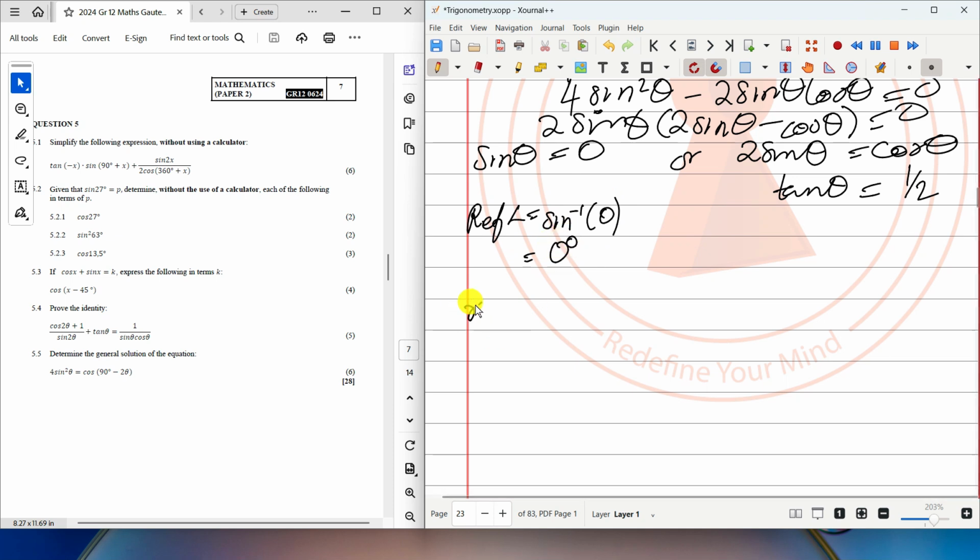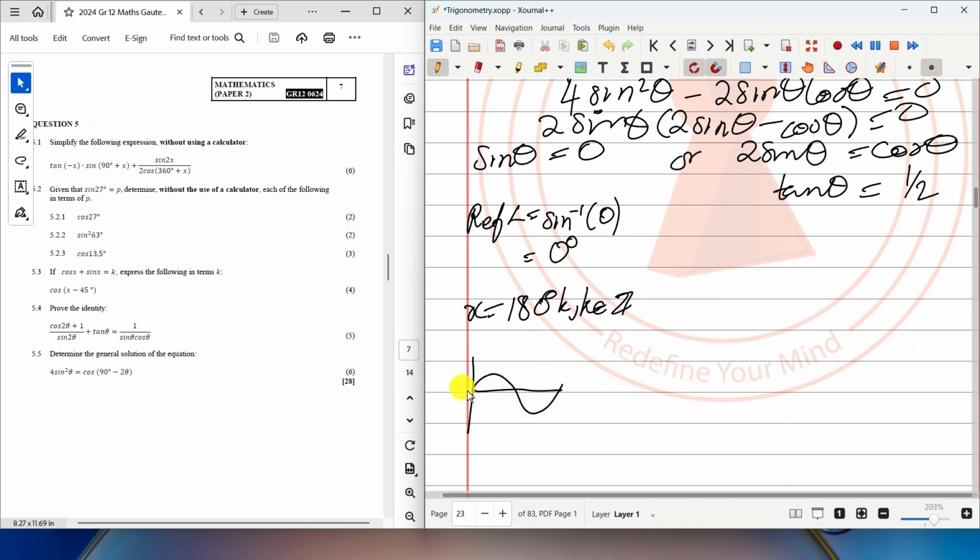So therefore we can say x is 180 degrees k, where k is an element of an integer. I will explain why I'm saying 180. The reason I'm saying 180 is because it's a sine graph. It is like this. Where do you get 0? You get 0 every 180. This is why I'm content with saying 180. Okay, now let's get here.